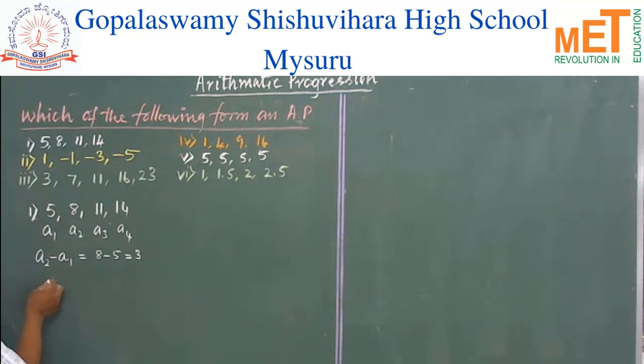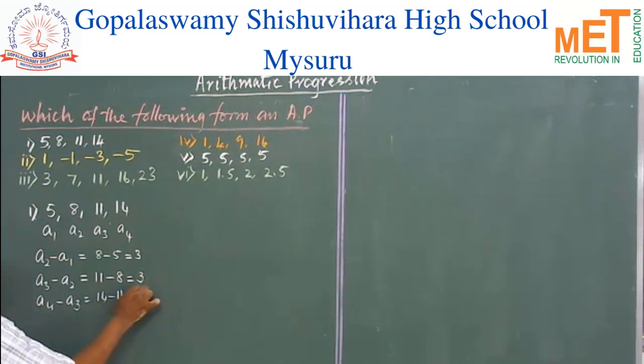Similarly, a3 minus a2 is equal to 11 minus 8, that is also equal to 3. Next, a4 minus a3 is equal to 14 minus 11, which is also equal to 3.